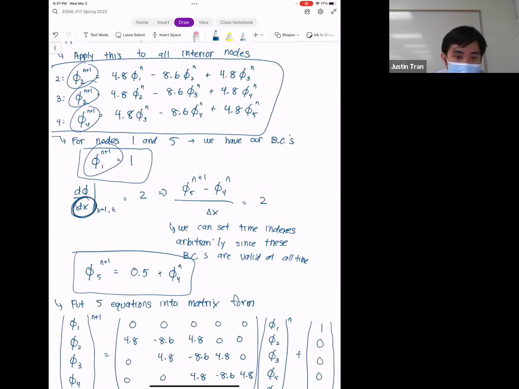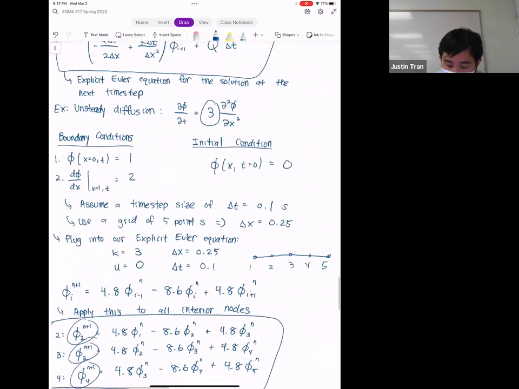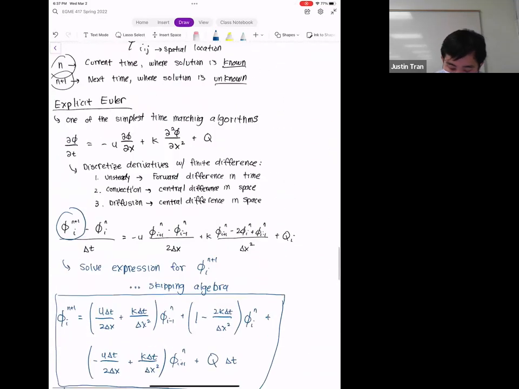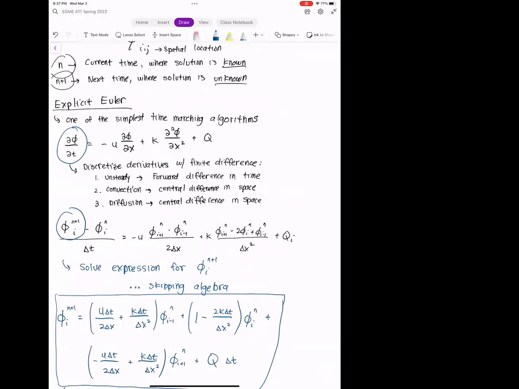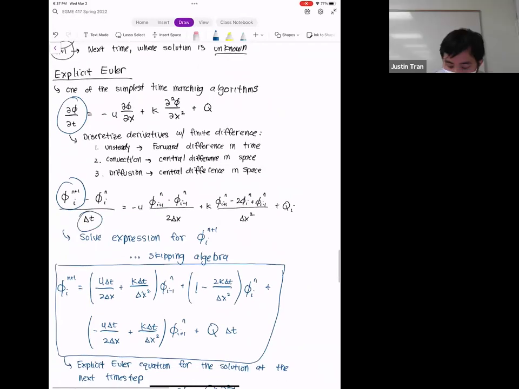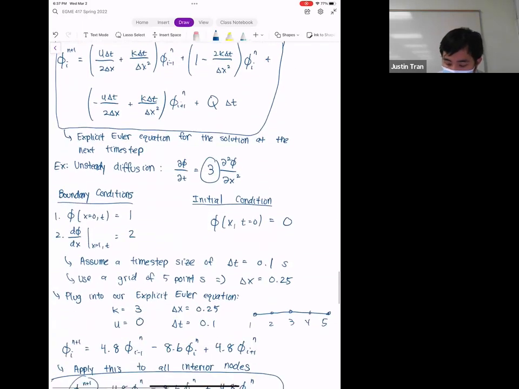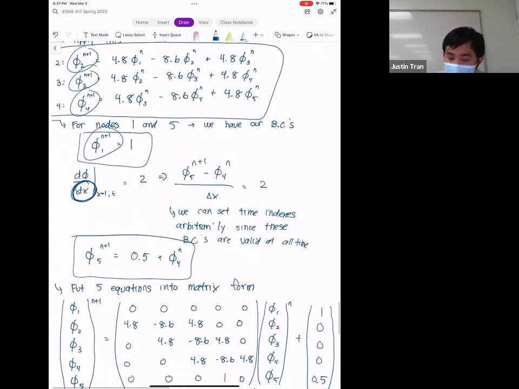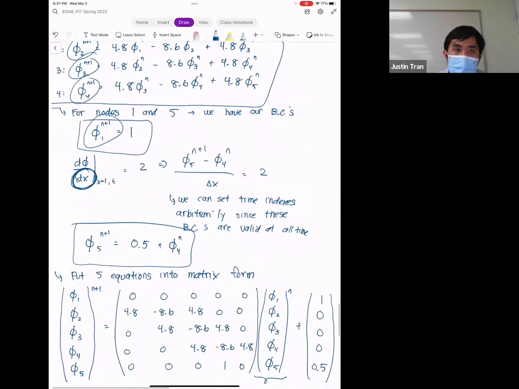So we have d phi dx, and the only place where we had dt was when we replaced the time derivative with the finite difference. That's when we put delta t in the denominator. But since our derivative here is with respect to space, that's why the denominator here is delta x.